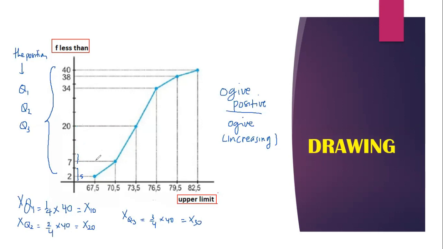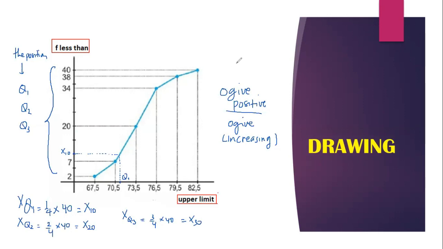So the first quartile x10 is here. We put a horizontal line and we'll find here Q1. This is the real Q1.